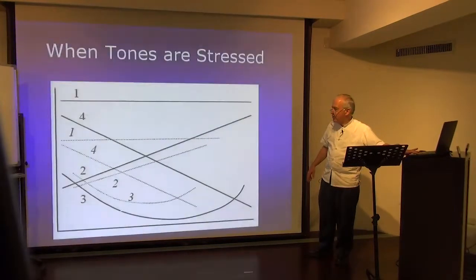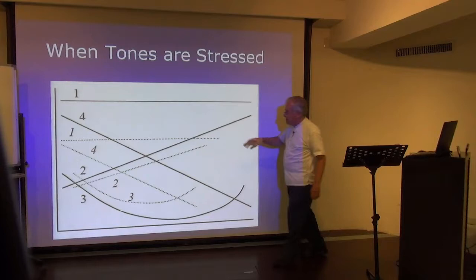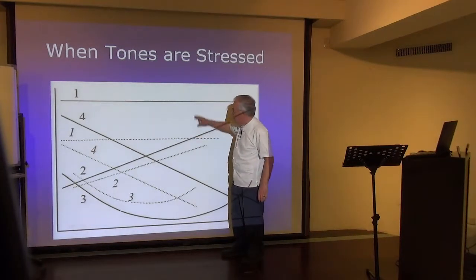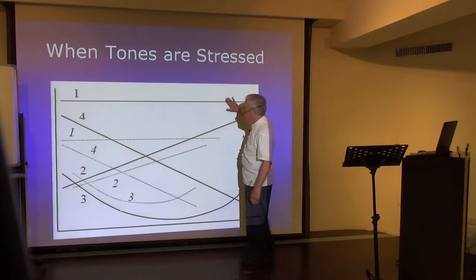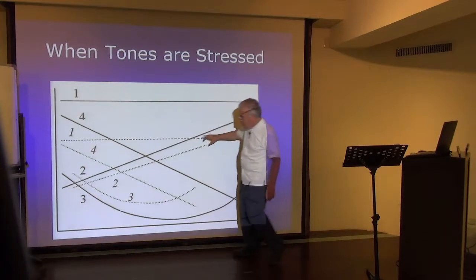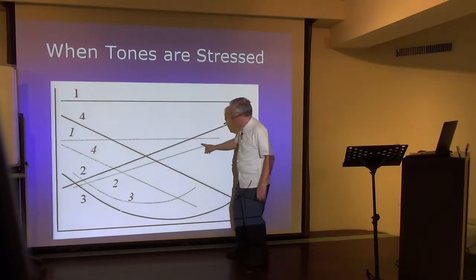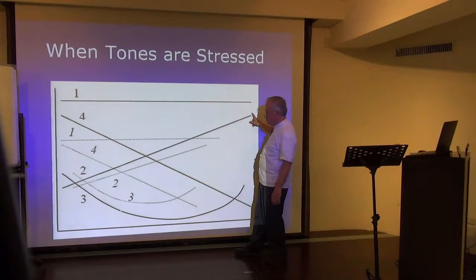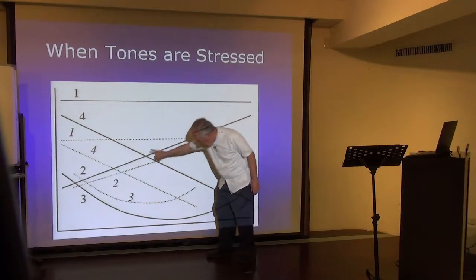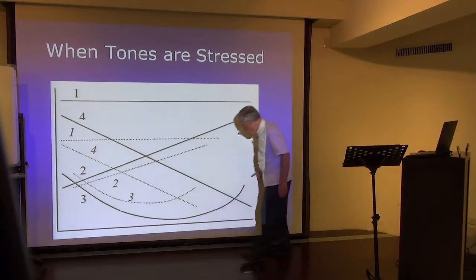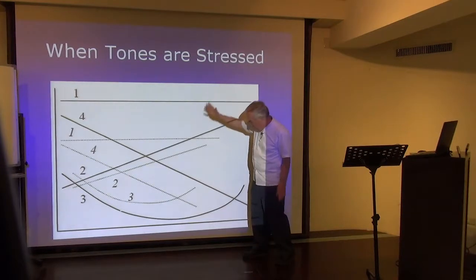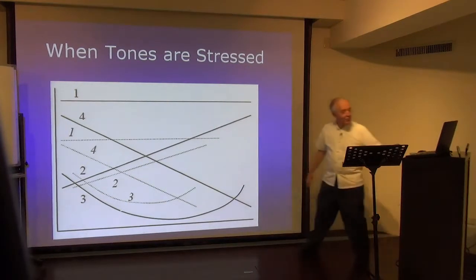Let's just look at this on this chart. And so, for instance, this is the normal tone 1, but when it's stressed, it becomes higher and longer. Tone 2, normally it's this. Again, it's longer. Note tone 3, it dips lower and definitely rises. And tone 4 is longer.